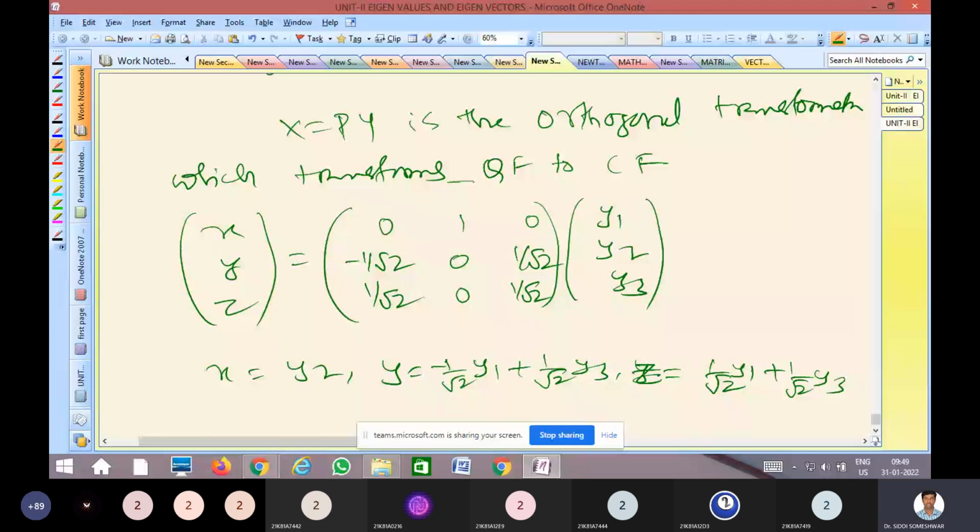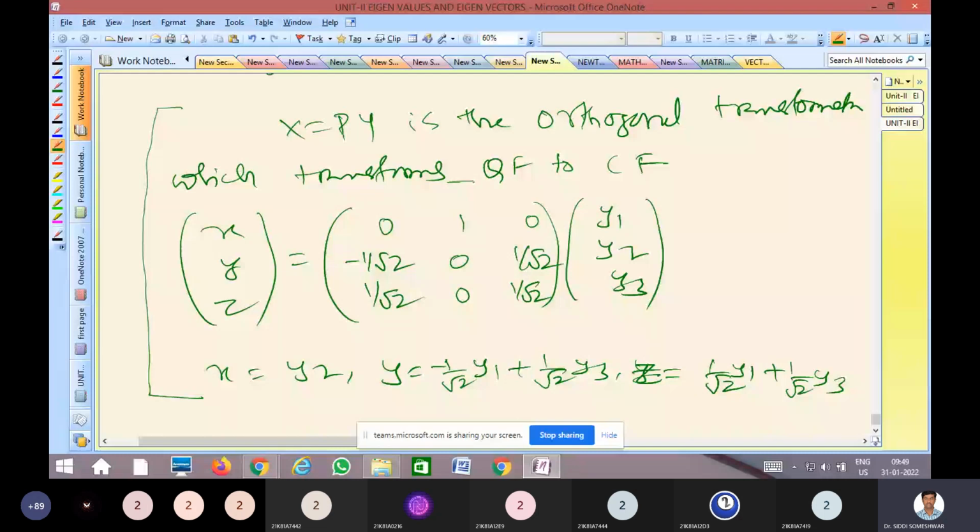Right? So by taking this linear transformation, which is also called the orthogonal transformation, X equal to PY is the orthogonal transformation which transforms quadratic form to canonical form here, right? So this is the transformation we are taking.